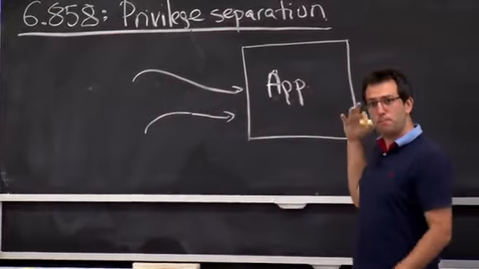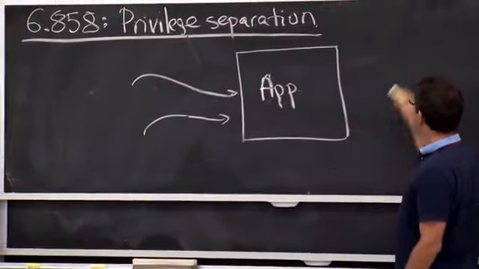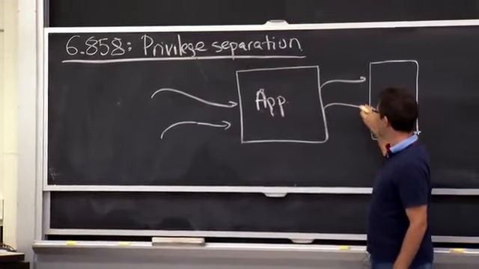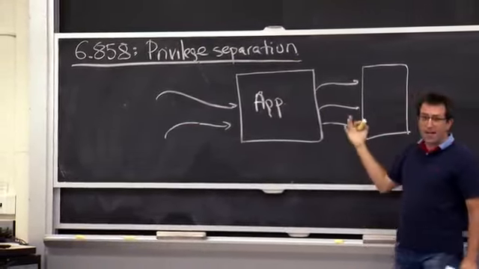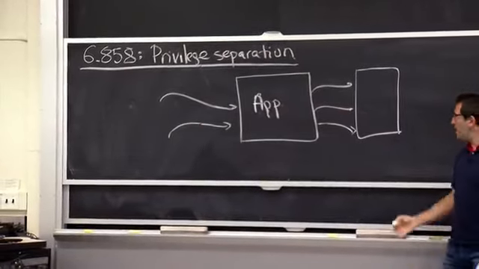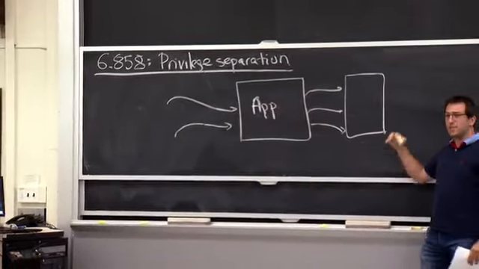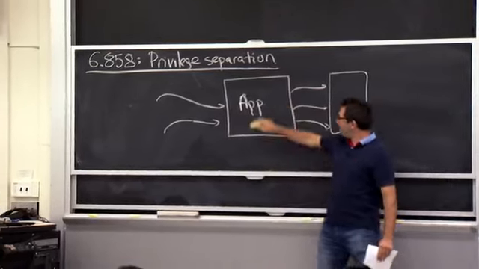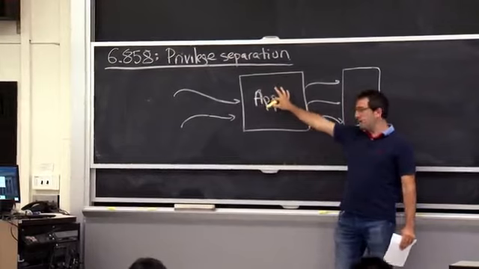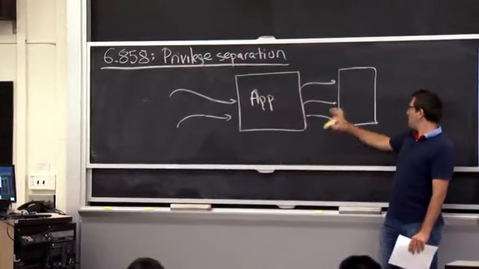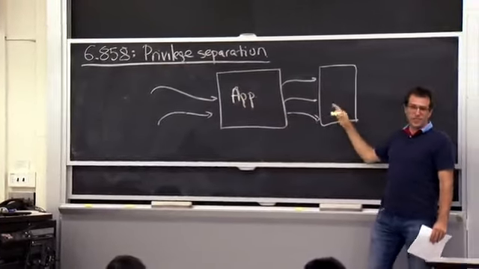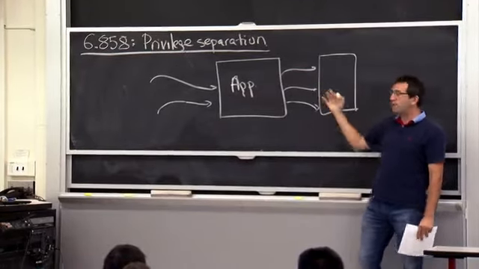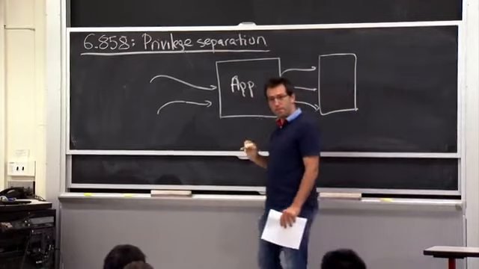And the application is presumably privileged, meaning that there's probably lots of data sitting behind the application that it can access, and maybe delete files like you guys are doing in Lab 1 now, read sensitive data, install backdoors, et cetera. And the problem is that any vulnerability in this large application can allow it to modify any of the state, or basically exercise all of the privileges this application has. And it probably has lots of privileges unless you're careful about it.